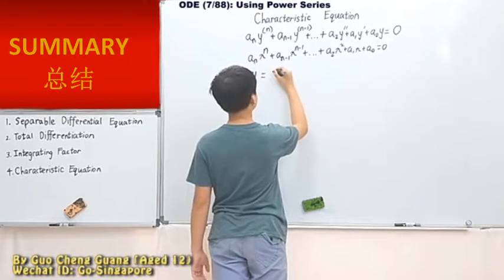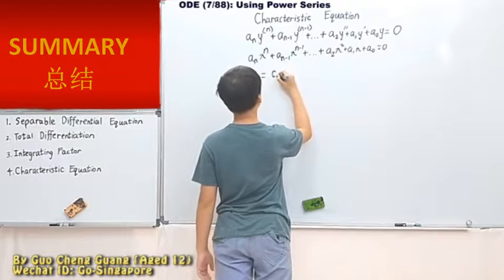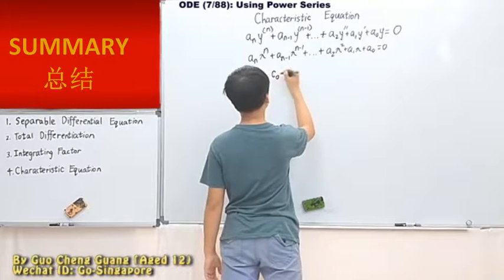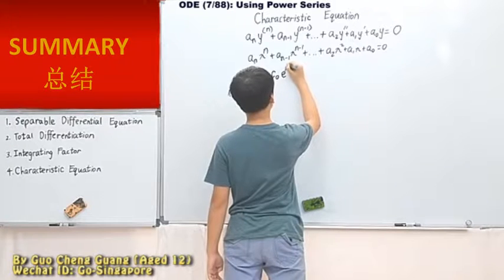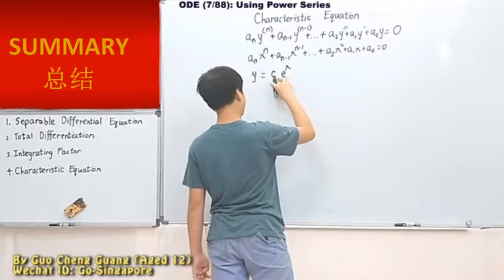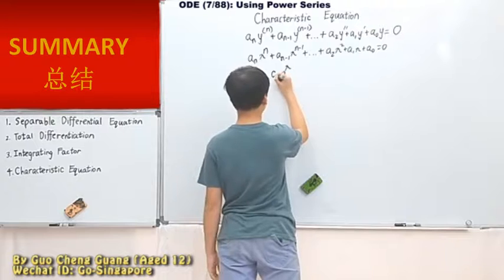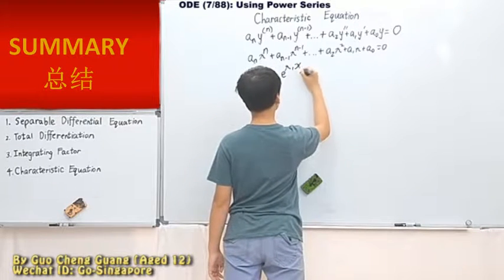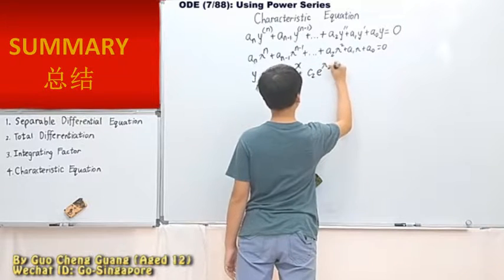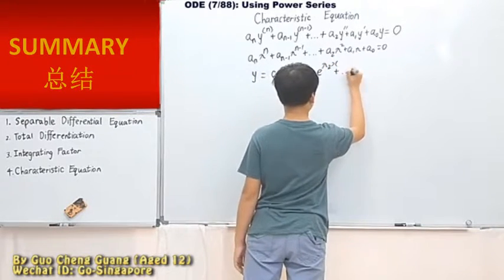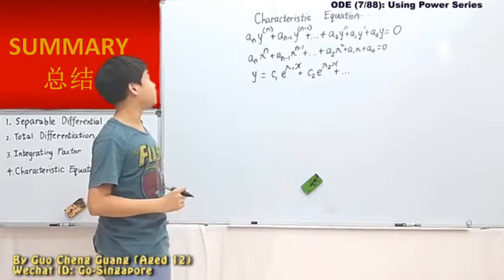So for this part, this first constant, you can write this part as C1 or V1. And this just keeps on adding on, depending on this part.